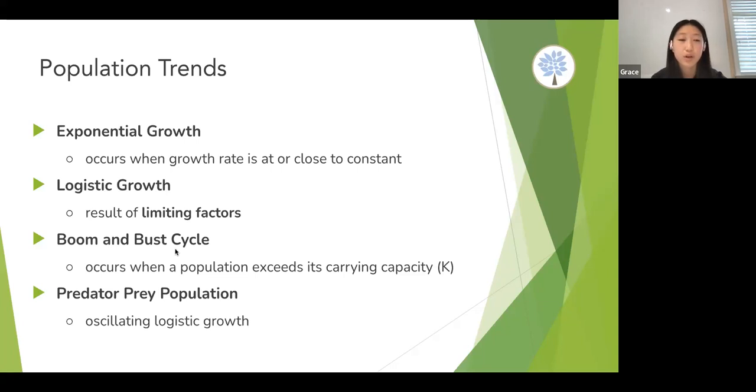So the population will go up and then all of a sudden drop because they've run out of resources. The predator-prey population is like an oscillating logistic growth. The prey population will increase and then the predator population will also increase. But then the predator starts to eat the prey, so the prey population will decrease. Since there is less prey, there will be less predator as well. So you'll see how the two populations are intertwined and connected.